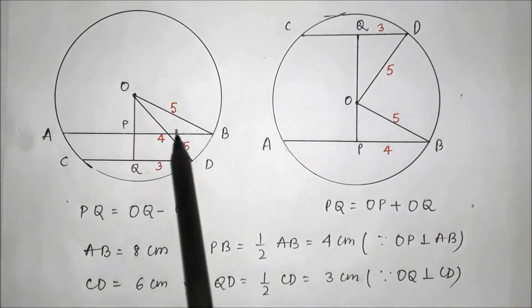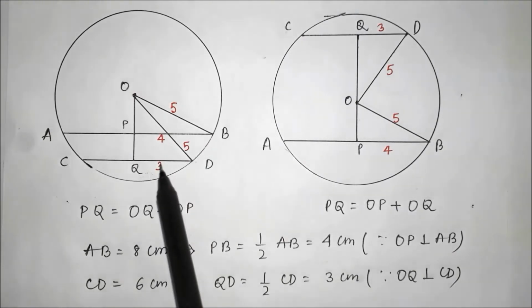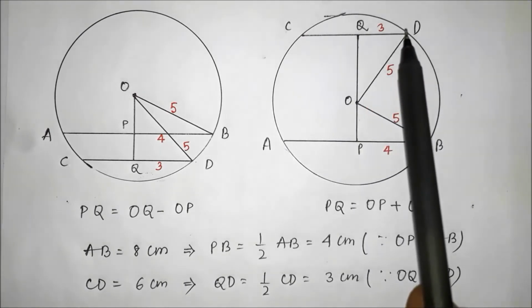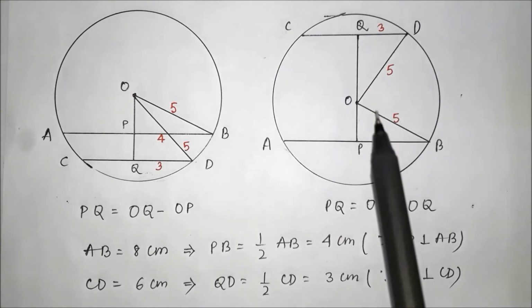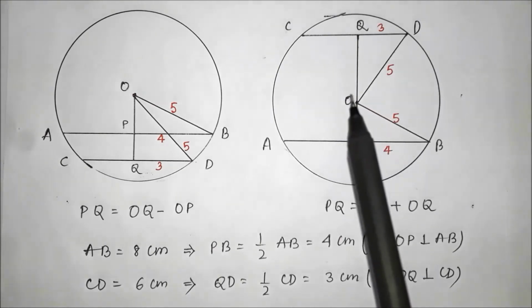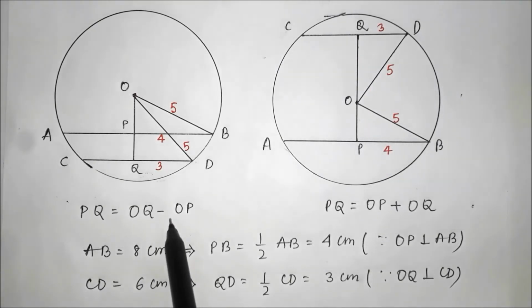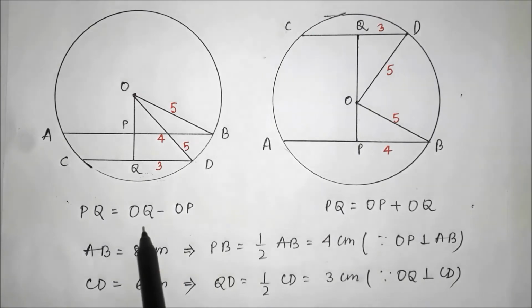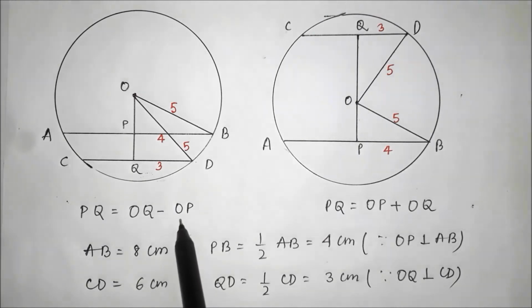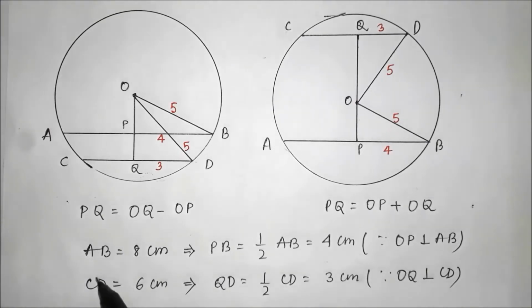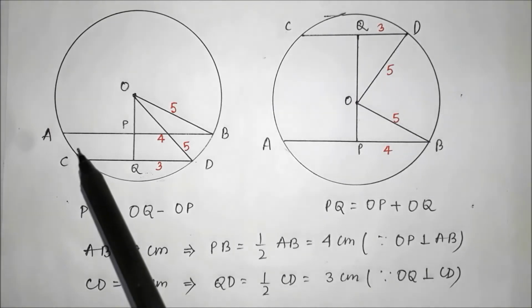One is OPB and another is OQD. For both the triangles, we are going to apply Pythagoras theorem and find the length of OP and OQ. So to find the distance PQ, one time we need to find the difference and another time we need to add. Now see, AB is given as 8 centimeter.